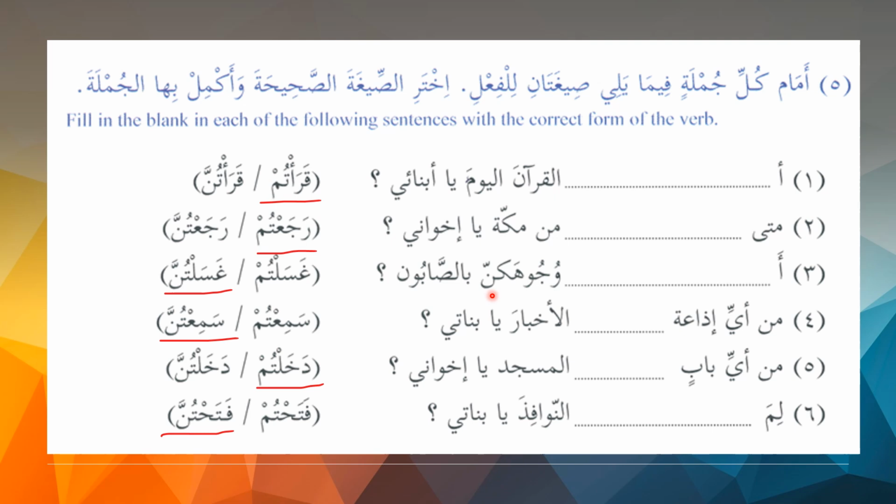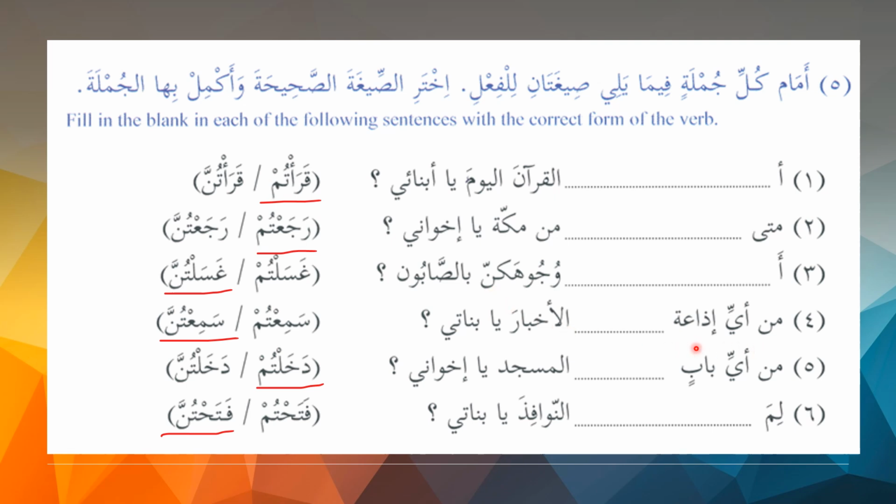Because when the attached pronoun is attached with the noun and not with the verb, the structure of the pronoun changes from tunna to kunna. This is what I have covered in the Quranic Arabic video. You can check the video on the attachment of the pronouns to the fail madi or the fail.